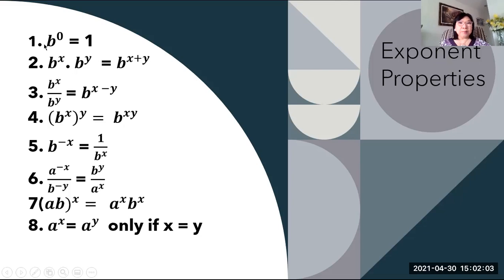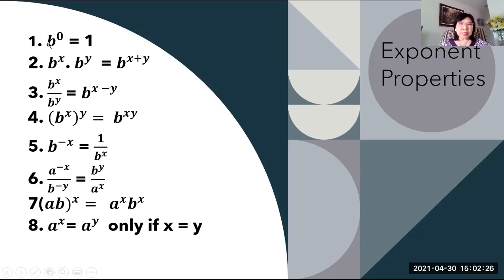So let's look at property 1. Property 1, we have a letter B to the power 0. Now the letter B here stands for the base number. There are two components of the power number. The first component is based on the base here.